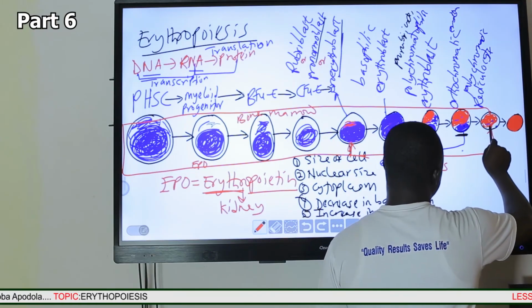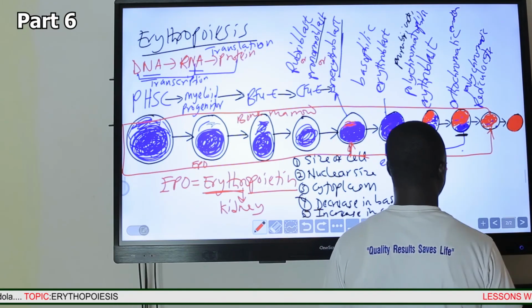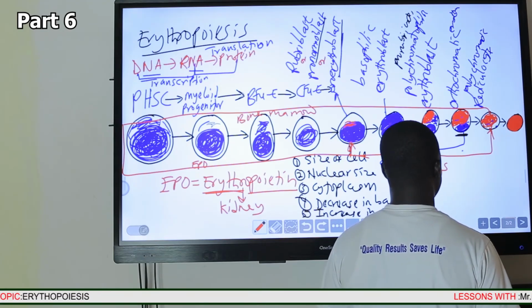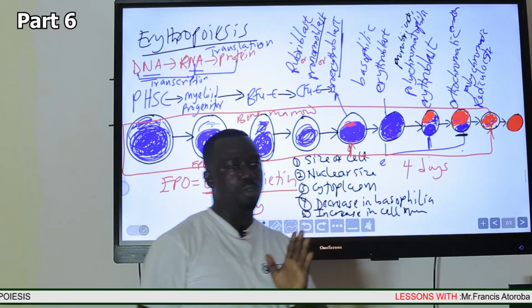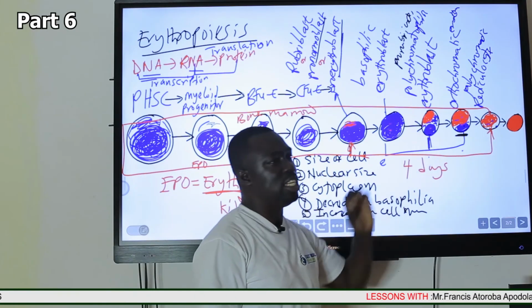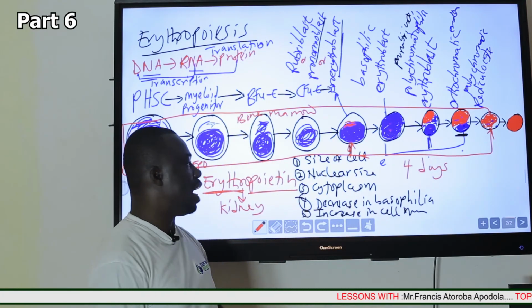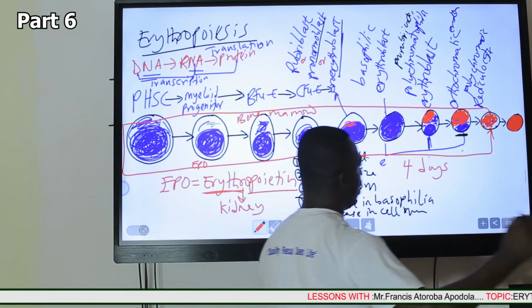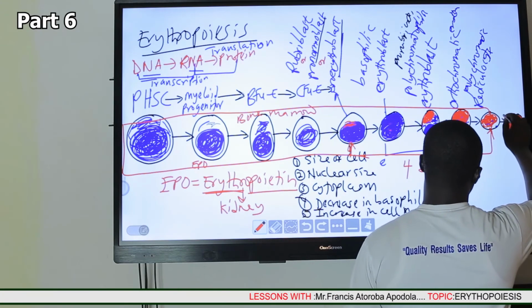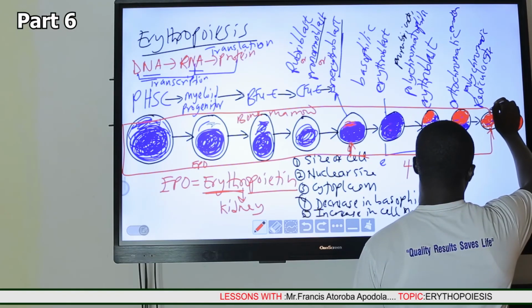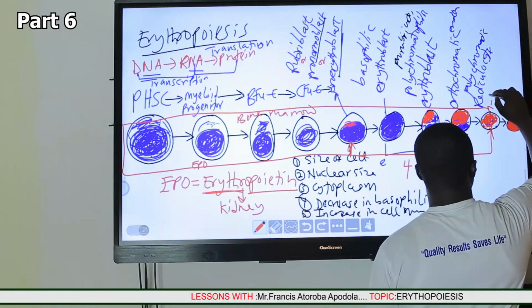And from the reticulocyte stage to the matured red cell, the reticulocyte spends part of its life in the bone marrow and part of its life in the peripheral circulation. Within the bone marrow, the reticulocyte spends 1 to 2 days.